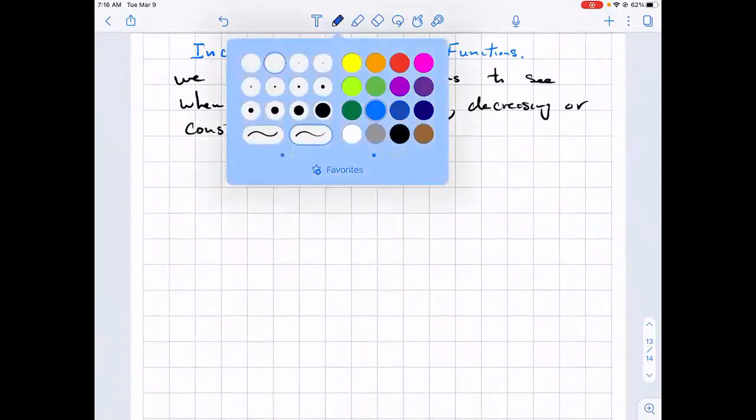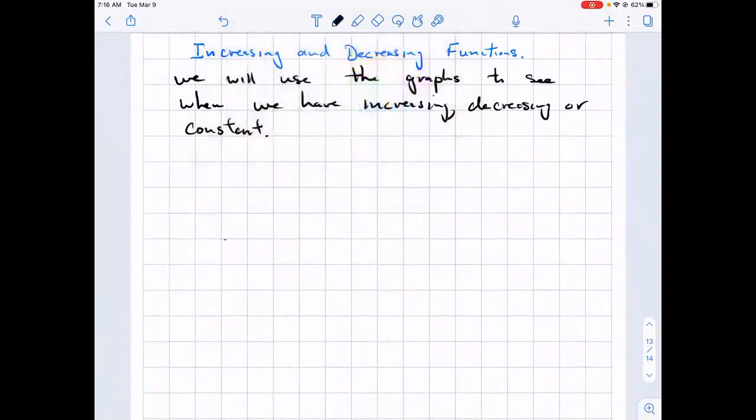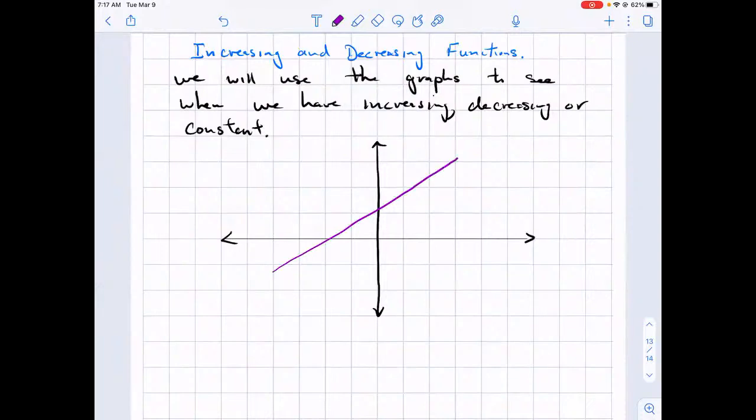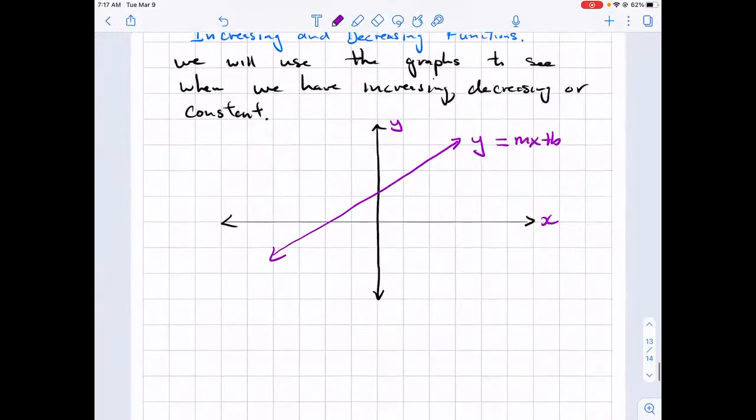For example, if we have the graph on the xy axis, that looks like this. So this is y equals mx plus b. Here's the x-axis, y-axis. So you will notice that this graph is increasing.